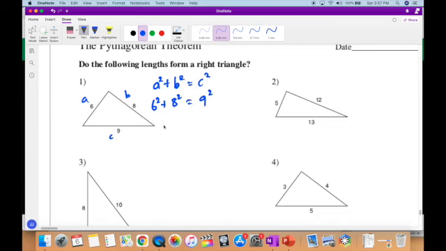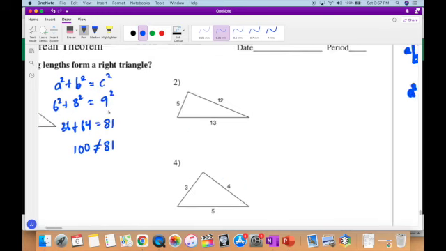So 6 sixes are 36 plus 8 eights are 64, and that is equal to 9 squared. 9 nines are 81. So 36 and 64 is 100. 100 does not equal 81, so therefore this triangle is not a right angle. You understand what's going on here?